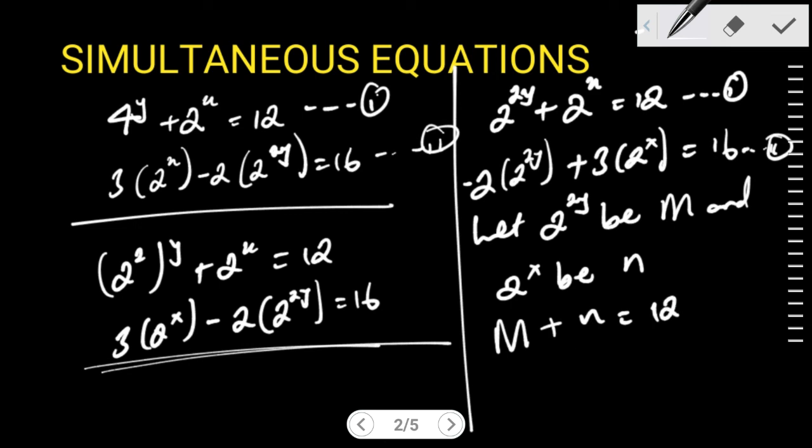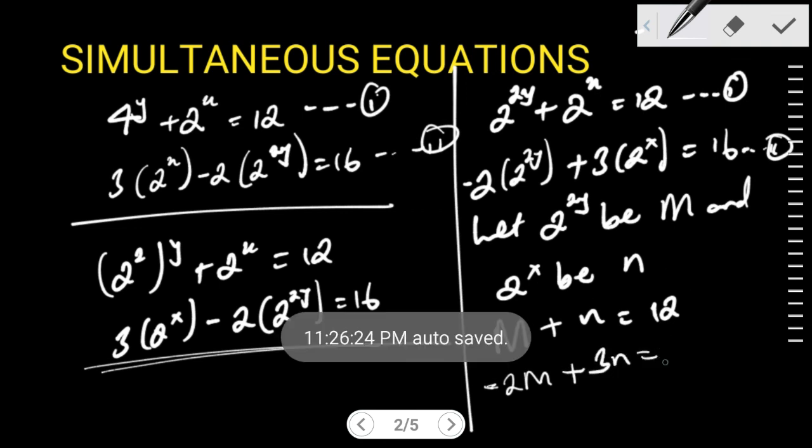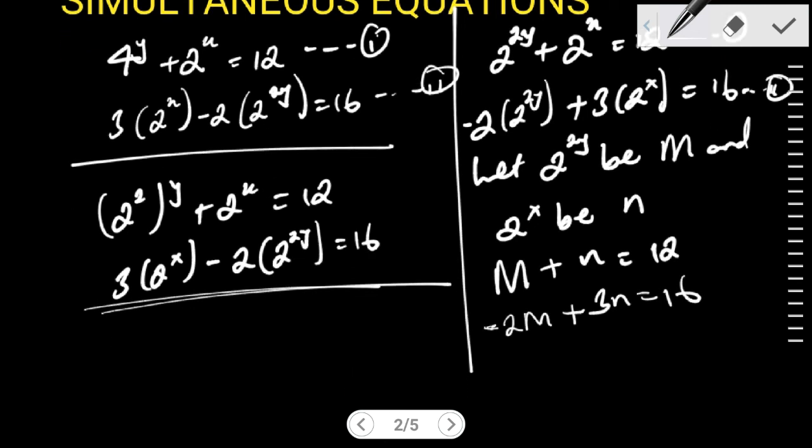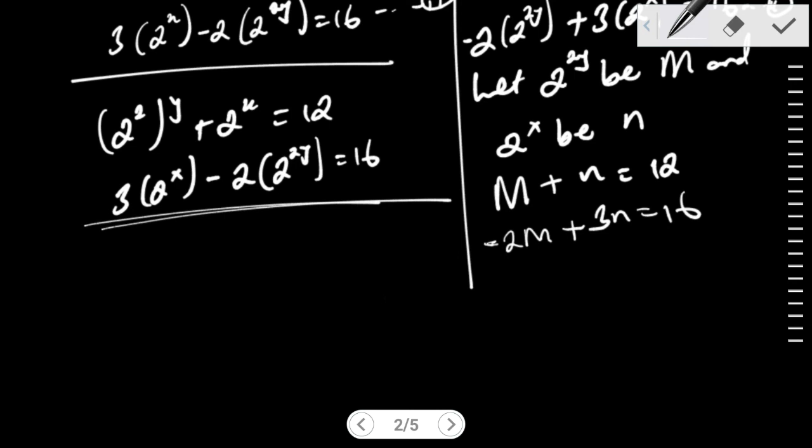And in the second equation, it would be negative 2m plus 3n equals 16. Having done that, now I'm free to work out simultaneously.